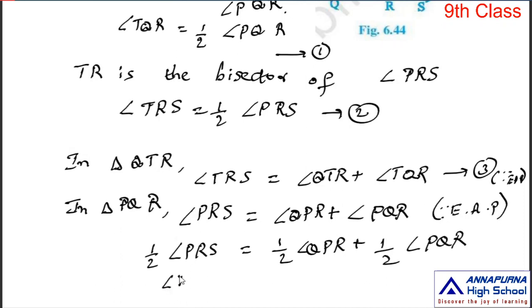Angle TRS is equal to half into angle QPR plus angle TQR by using equation 1, from 1 and 2.